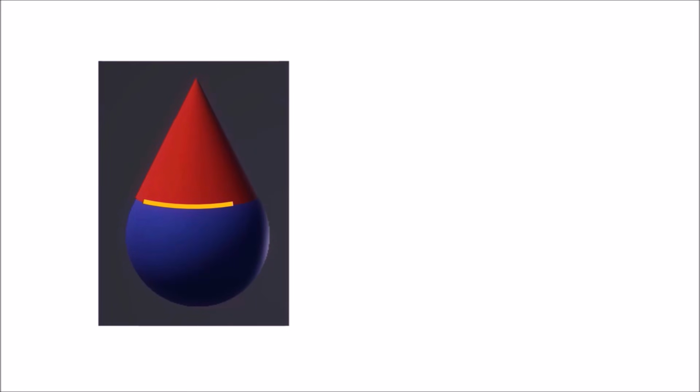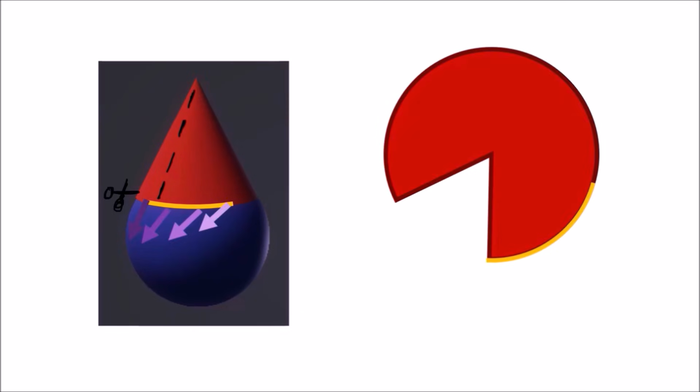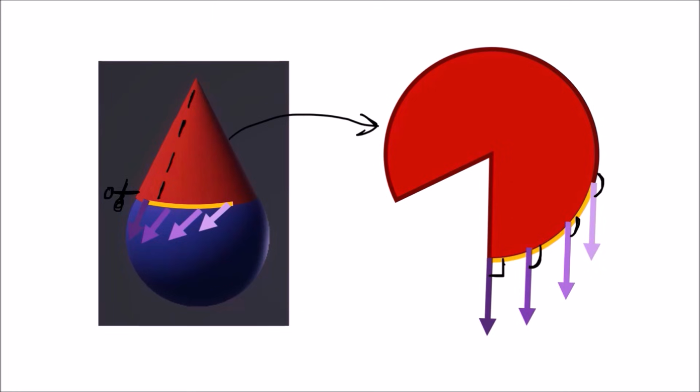Another way of thinking about it is by imagining a cone that intersects the sphere along the path, like this. If you can imagine us taking a pair of scissors and cutting open the cone here, we could sort of unravel the cone and lay it flat, like this. And here in flat space, if we start parallel transporting this vector around the curve, you'll notice that the angle it makes with the curve keeps changing as we move along the curve.